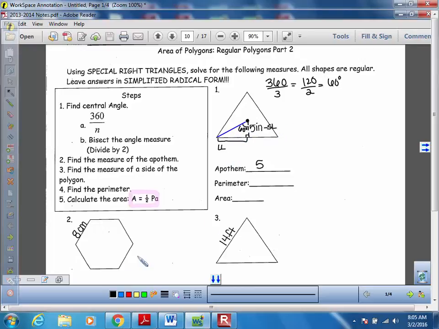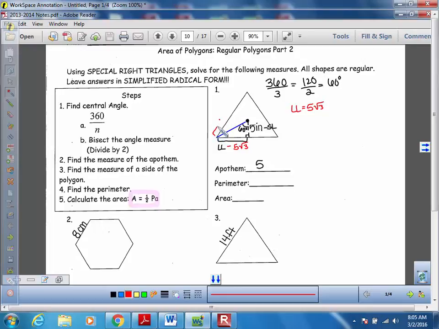So given that we have the short leg, I know that the formula for long leg is long leg equals short leg, which is 5, times the square root of 3. So that means that my long leg, or this half piece of the side of the triangle, is 5 square roots of 3. Now, in order to get the perimeter, I have to add all 3 sides together.